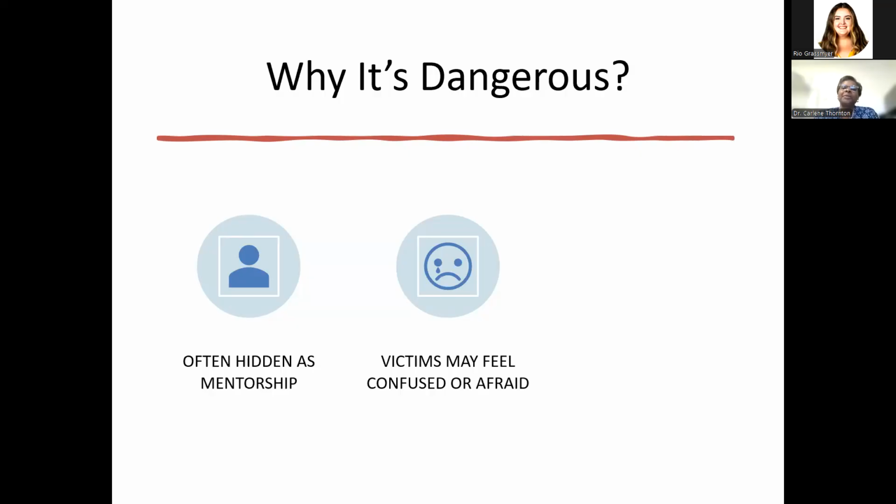He offered to tutor me because I wasn't doing very well on my test. So I agreed to meet him after class, and everybody was gone. So that's why it's dangerous, because it can be hidden, it can be concealed.